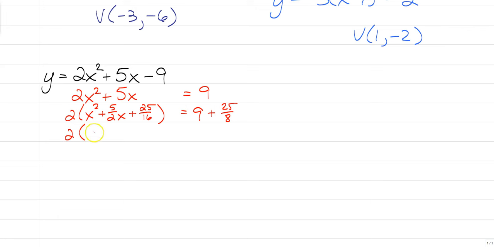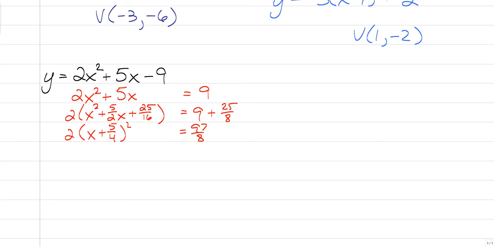So on this side, you have 2 times x plus half of 5/2, which is 5/4, squared. And then this guy over here would be 72/8 plus 25/8. 72 and 25 would be 97/8.